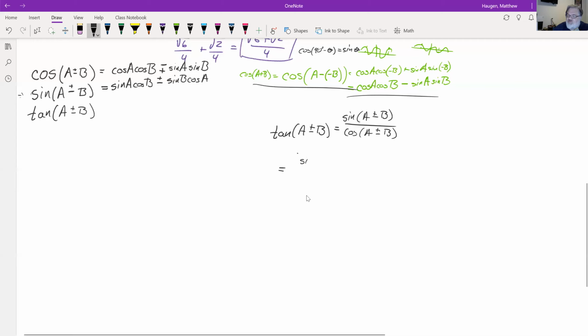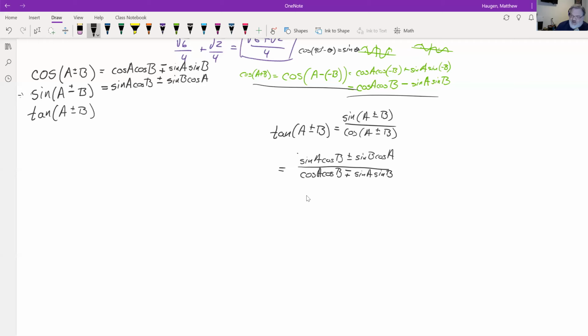So that's going to be the sine of A cosine of B plus or minus the sine of B cosine of A, over cosine of A plus or minus B. That's the first tool we built. So that's going to be the cosine of A cosine of B minus plus. Remember, on cosine, the sign switches. Sine of A, sine of B.